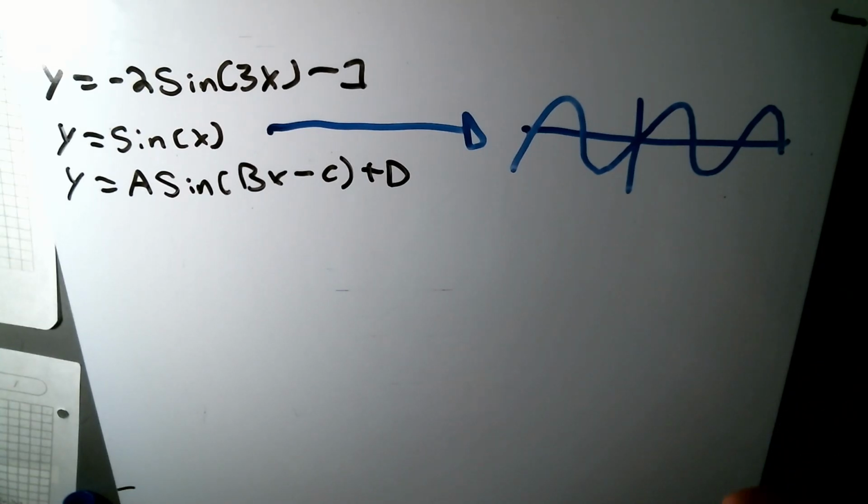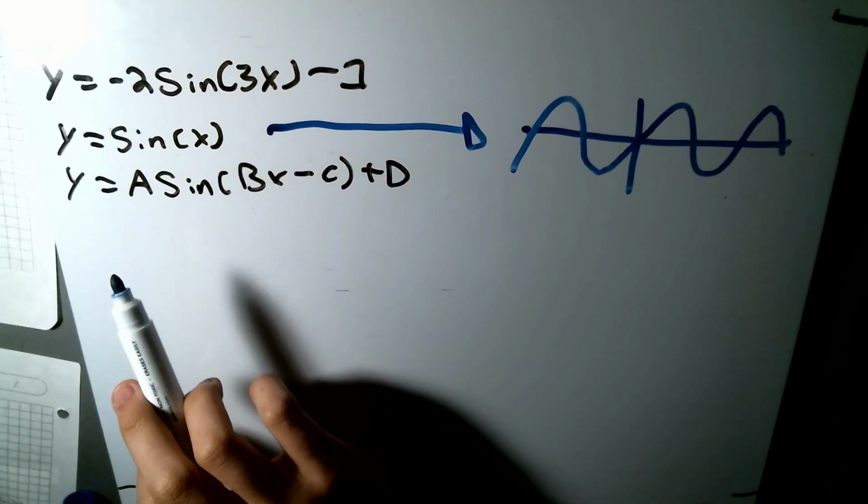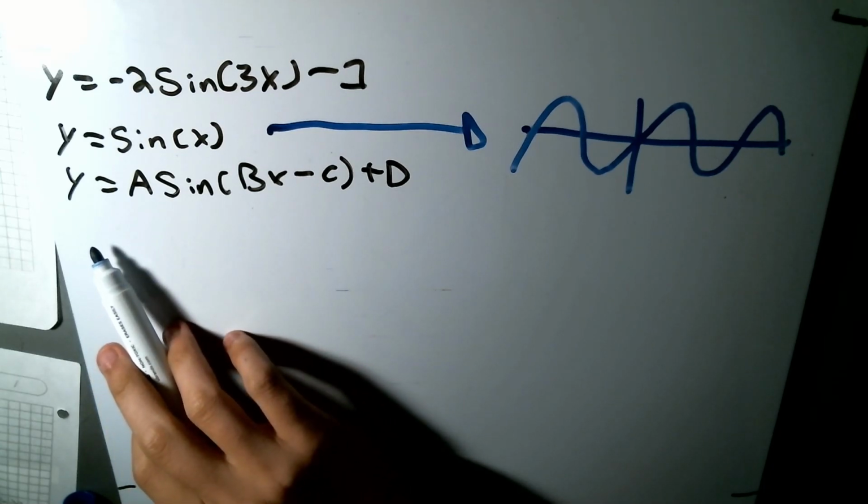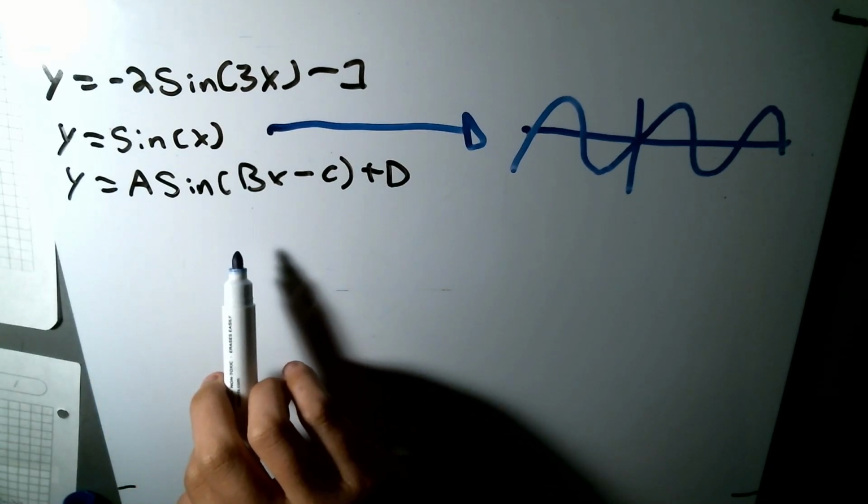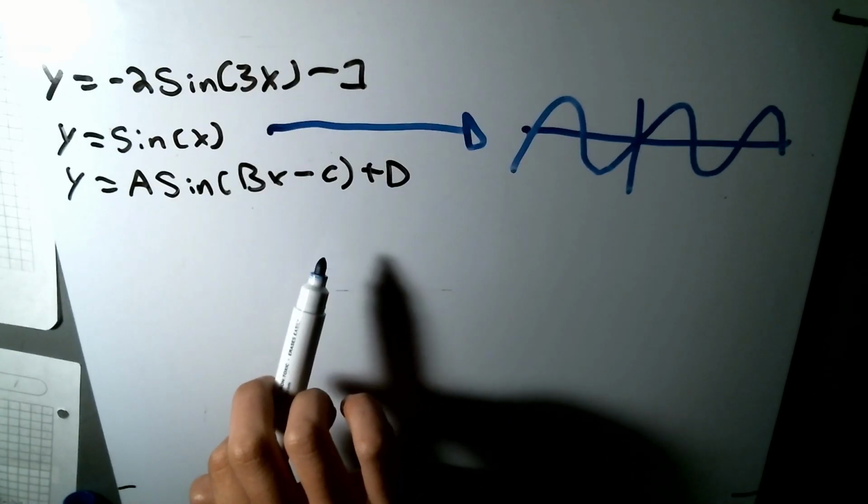And how do we know what changes? Well, the function tells us what changes. It is in this way: y equals a sine of bx minus c plus d.